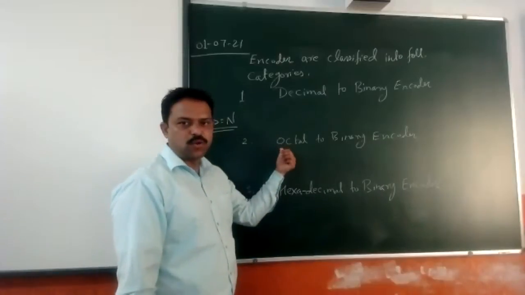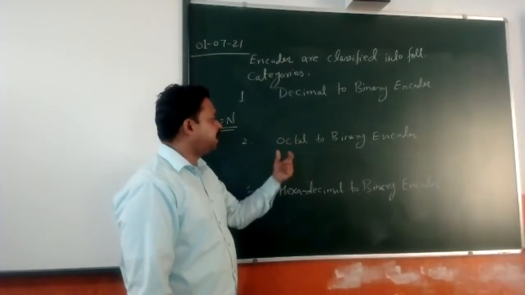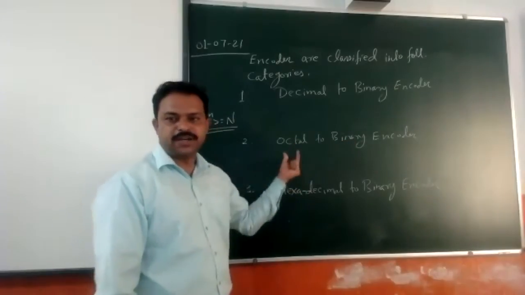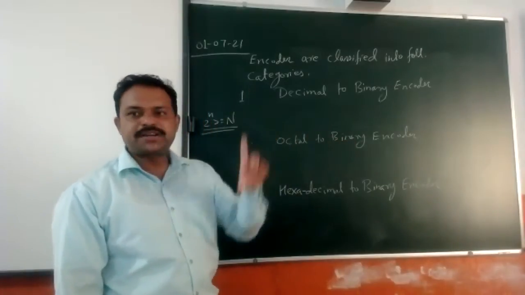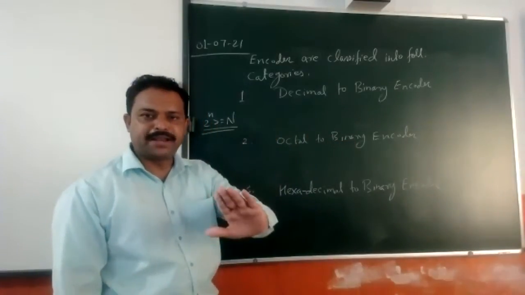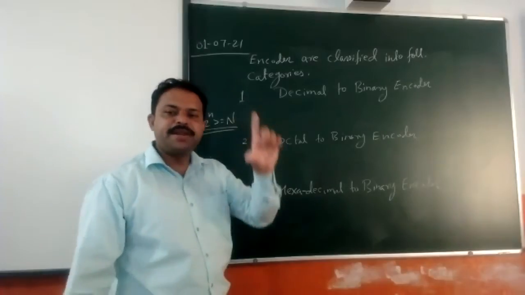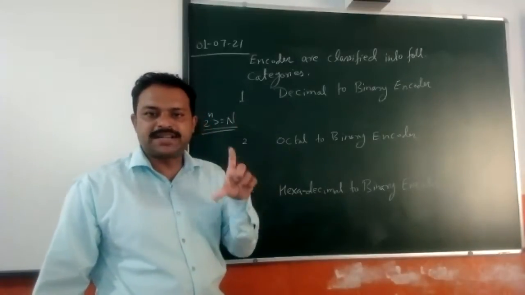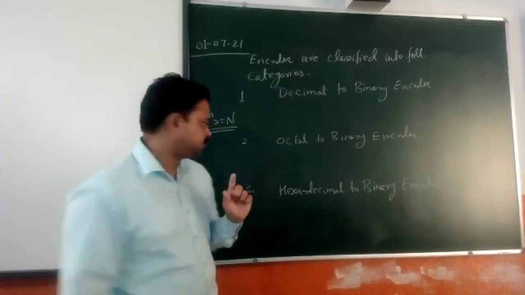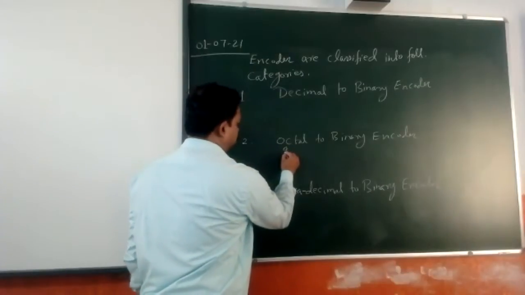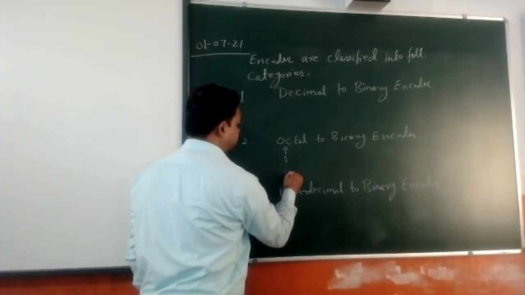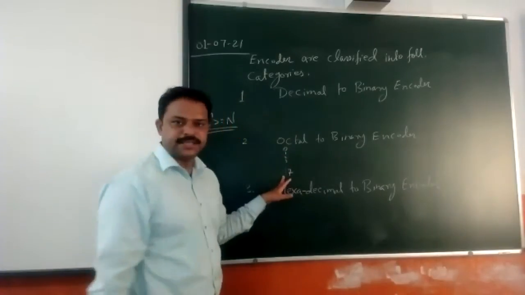Let us take this one to understand more clearly: octal to binary encoder. This is the octal number you are going to convert into binary. How many octal symbols do you have? 8, from 0, 1, 2, 3, up to 7.